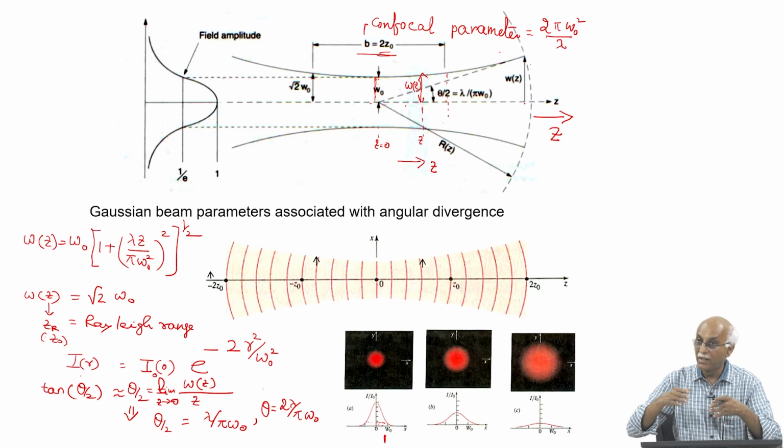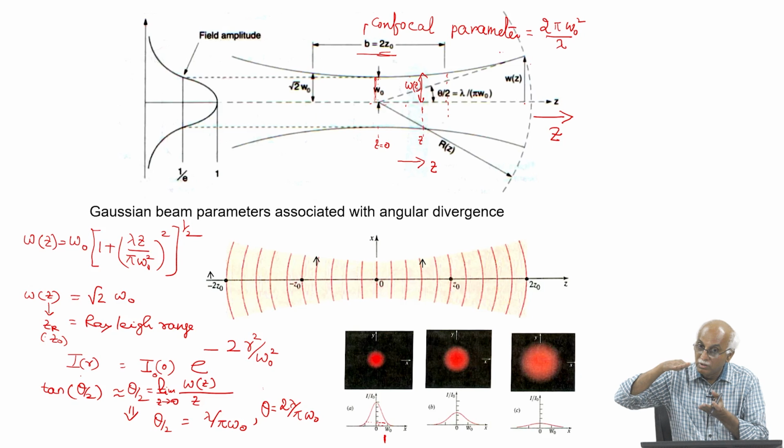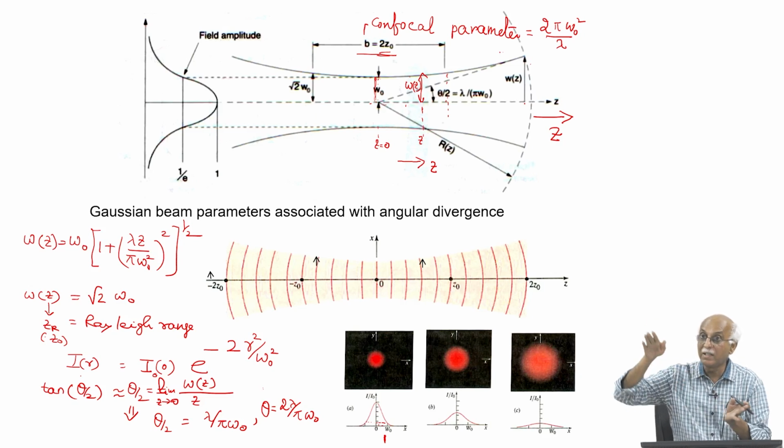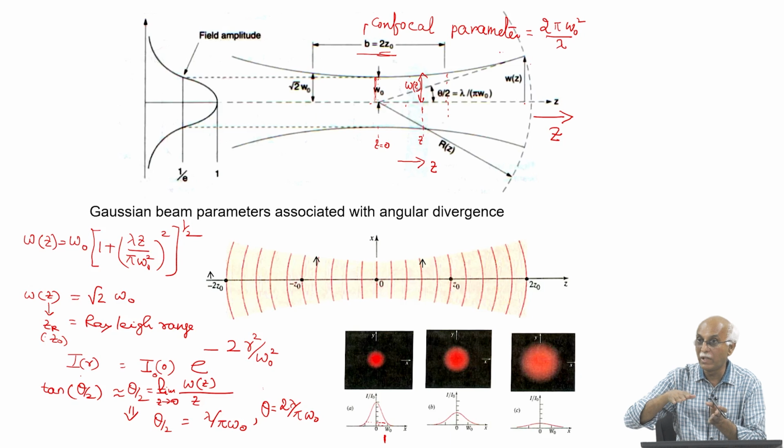Let us say there is a layer, and I focus the laser beam on the top surface. If the beam spot size is so small, the divergence will be large and the confocal parameter will be small. So, the intensity will change very quickly as it travels.